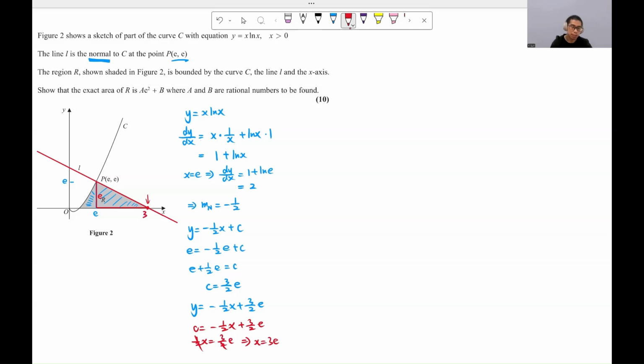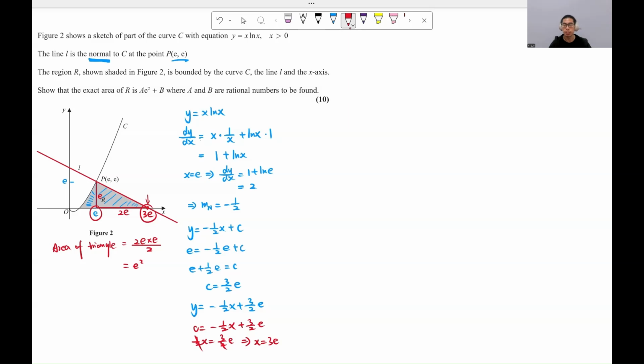So this x value is 3e. That means the base has to be 2e, because this is 3e and this is e, so the difference is just 2e. So the area of the triangle is 2e times e divided by 2, which is just equal to e squared.